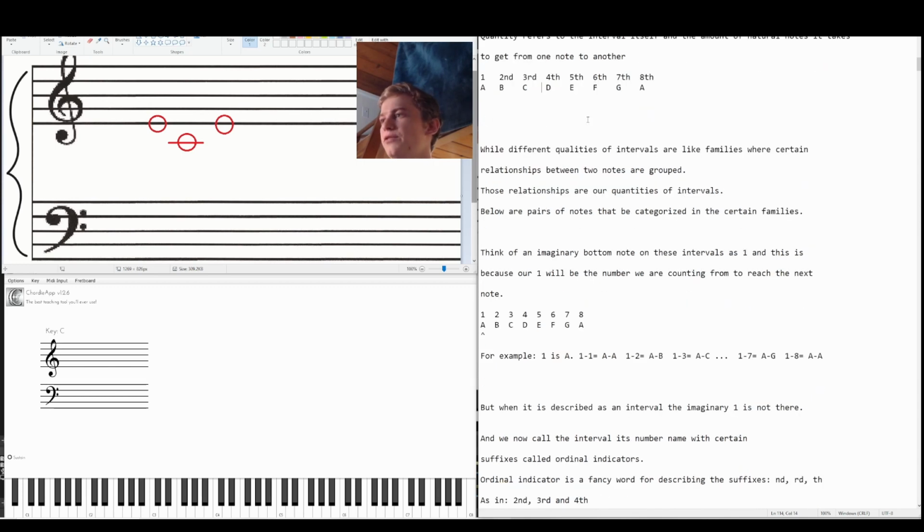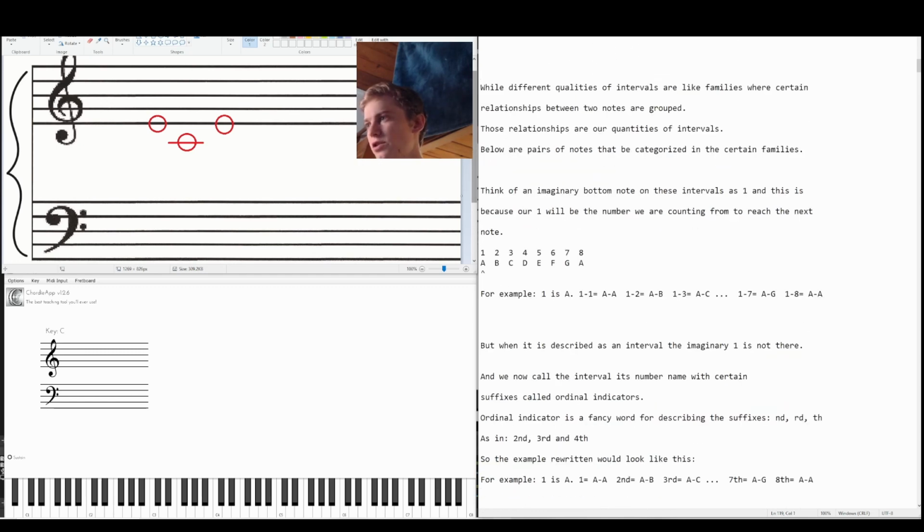However, when we are looking at different qualities of intervals, we're looking at kind of like families where certain relationships between two notes are grouped, and by those relationships between two notes, I'm talking about the quantities of intervals. So our quantities of intervals are basically going to fit into certain families, which are called the qualities.